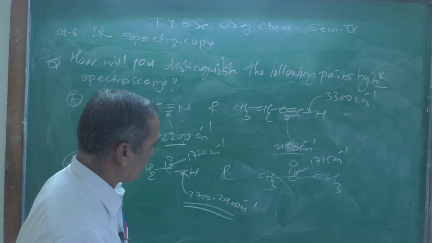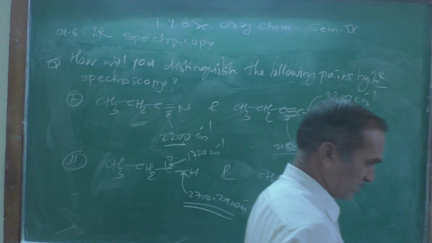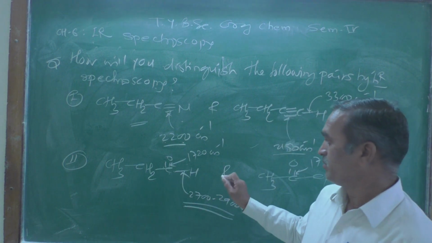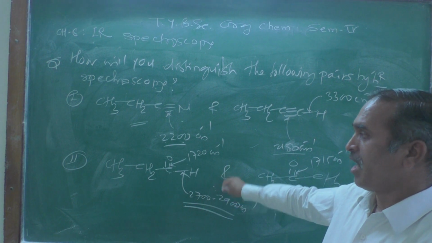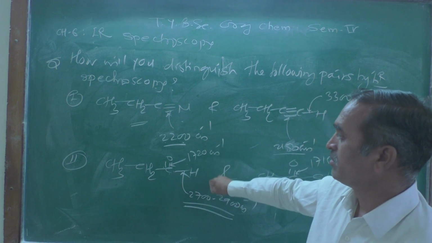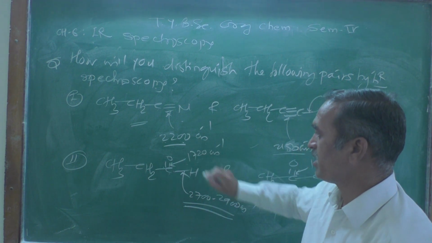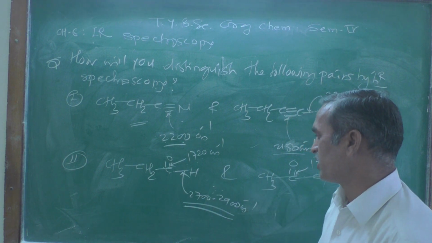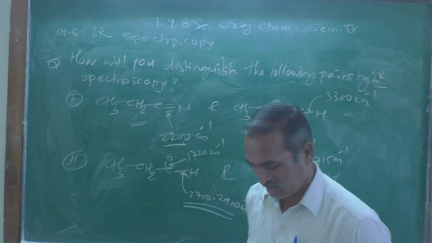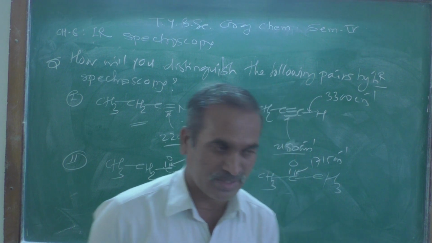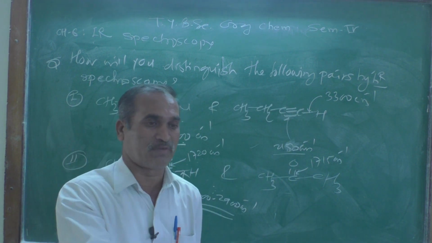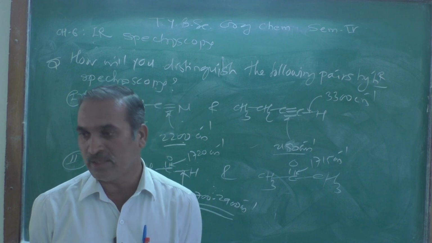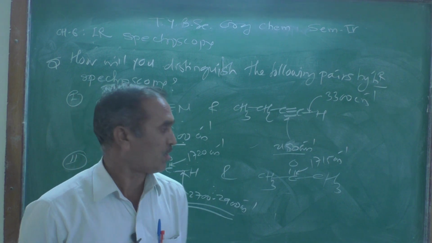These two peaks, 1720 and 2700 to 2900 per centimeter, clearly suggest that an aldehyde group is present, and the aldehyde group is always present at the end of the organic compound.